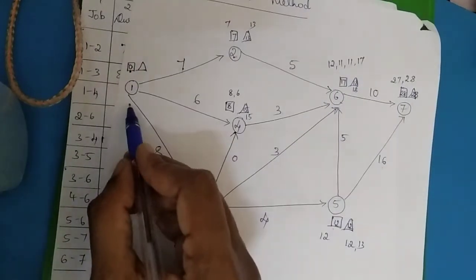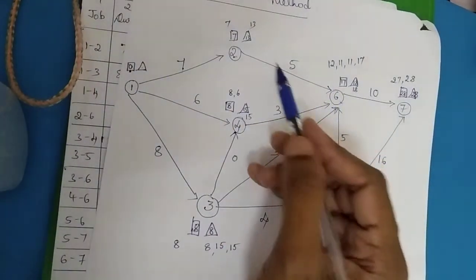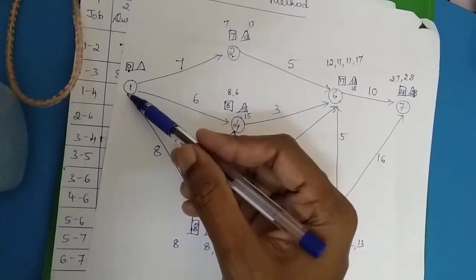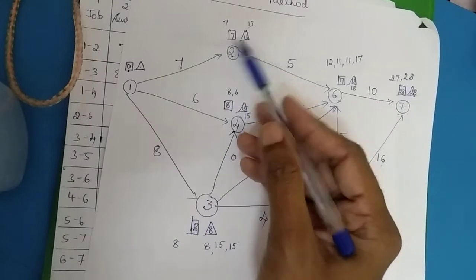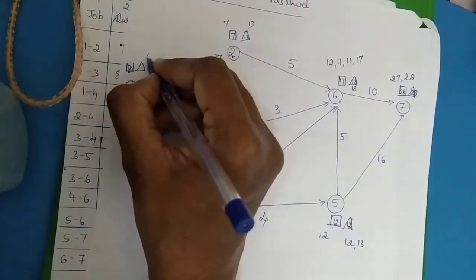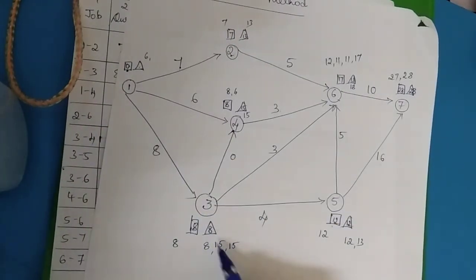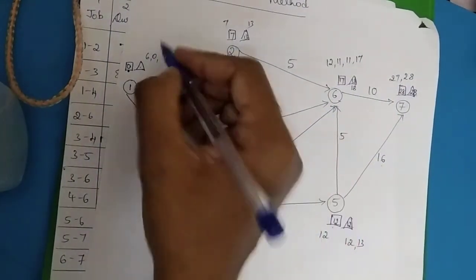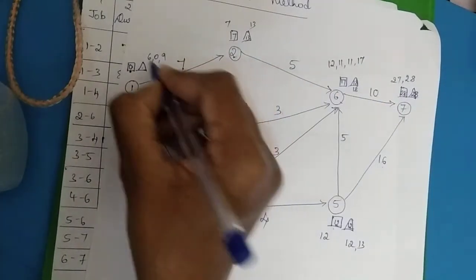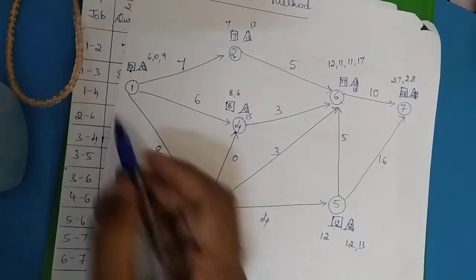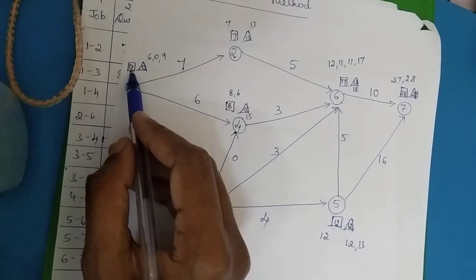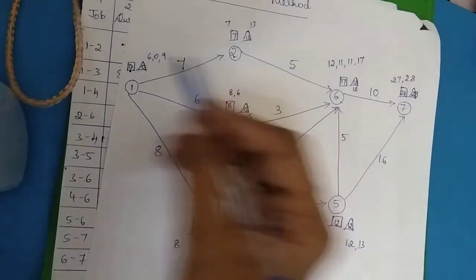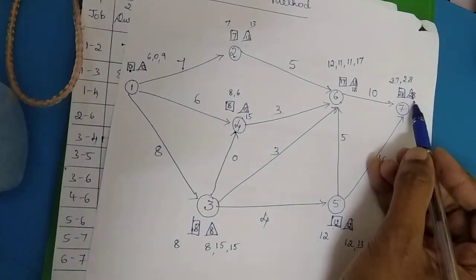Coming down to this particular backward pass, I have to take up 3 burst events. So 13 minus 7 is 6, then 8 minus 8 is 0, then 15 minus 6 is 9. The smallest is 0. So always, the starting backward and forward passes are initialized with 0, and you tend to have coincidence.